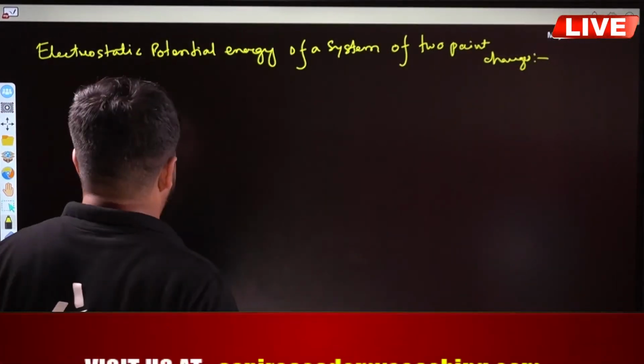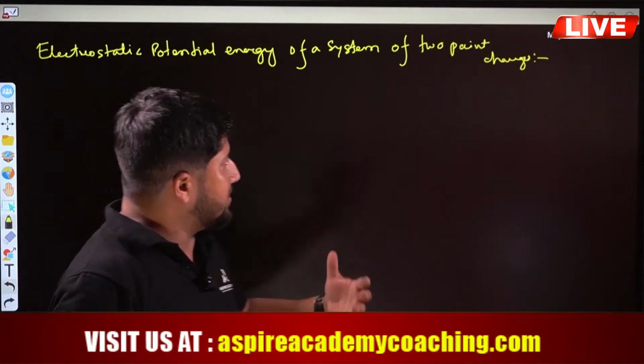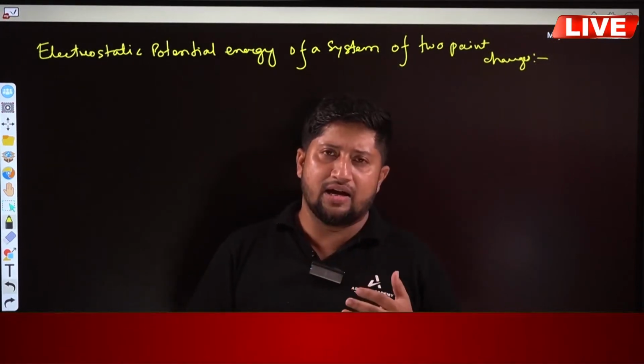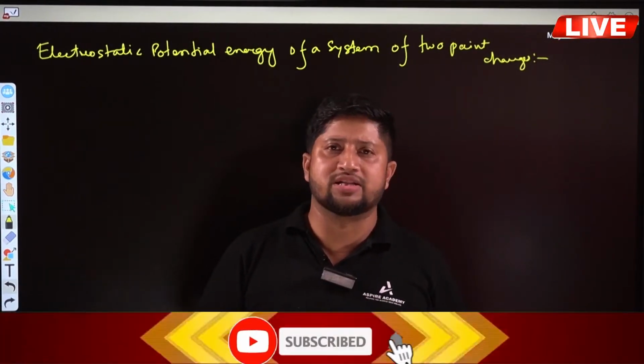So how can you represent the electrostatic potential energy of a system in a two-point charge system? How can we explain this electrostatic potential energy of a two-point charge system?